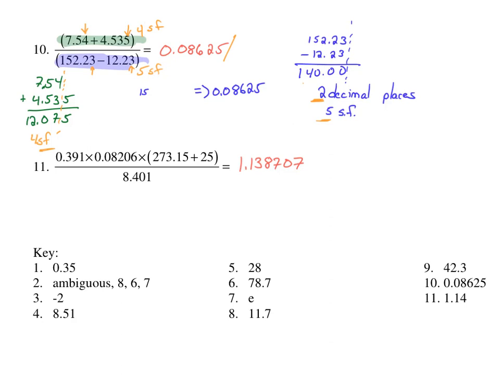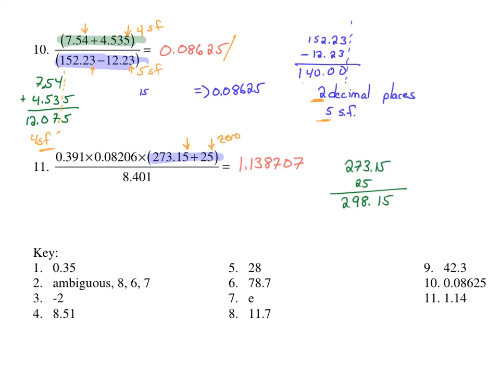In question 11, we see this is all multiplication and division, except that one of the numbers has an intermediate value. So we need to determine the number of sig figs in that calculation. So we see that there are 0 decimal places in the number 25, 2 decimal places here. The least number of decimal places, this is addition, is 0.